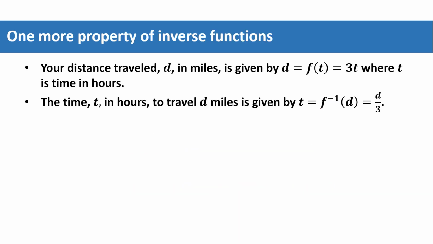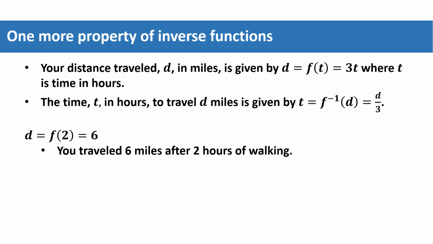Let's look at one more property of inverse functions. Suppose we want to find your distance after walking for 2 hours. Then we would compute d equals f of 2 and see that f of 2 equals 6, meaning you traveled 6 miles after walking for 2 hours.